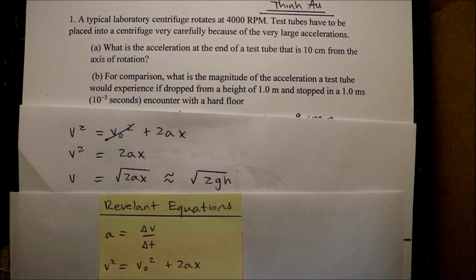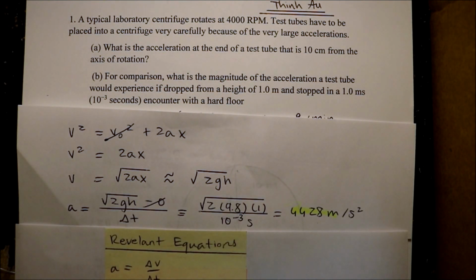In this case, we do have an acceleration, but it's gravity, so we replace the a with a g. We also don't have a displacement, but we have a height, so we replace it with an h.